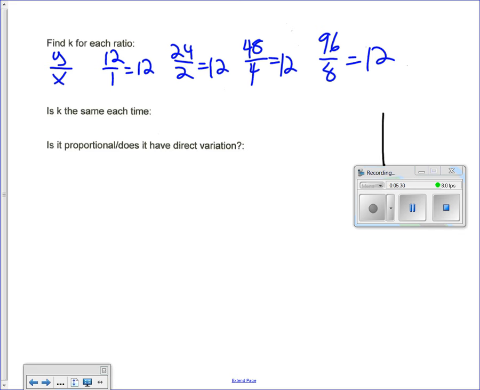Okay, so it's the same each time. Is it proportional? Does it have direct variation? Yes, because the ratio is the same each time. I want to write this equation. The equation will be y equals 12x.